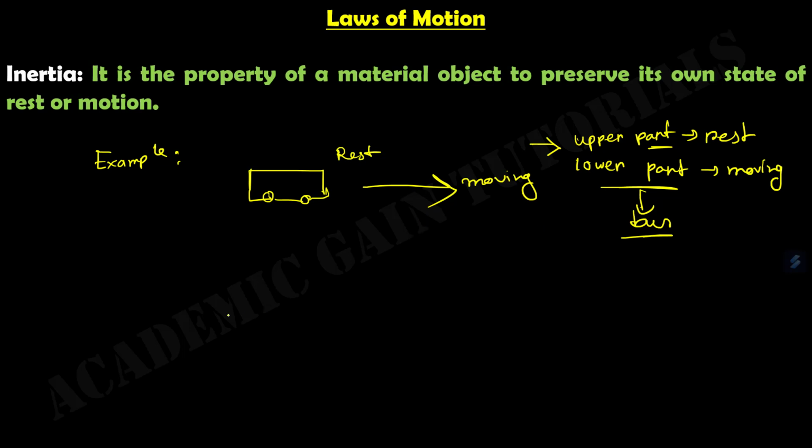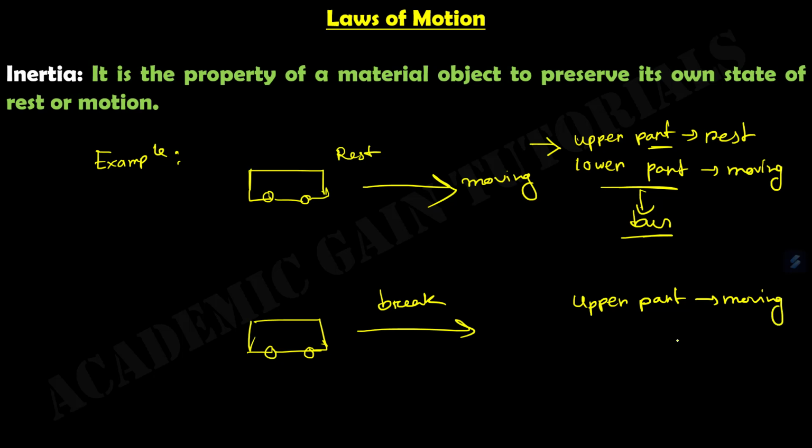Now another example: when the moving bus presses the brake, what happens? Our upper part is moving, but our lower part of the body is at rest because we pressed the brake, so it stopped.